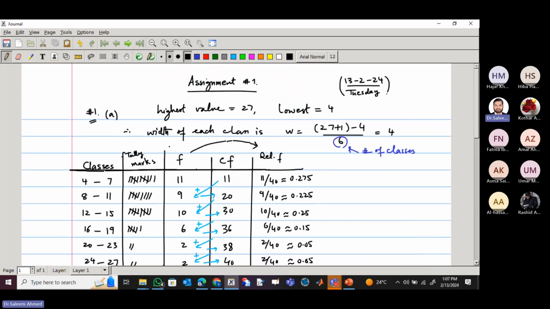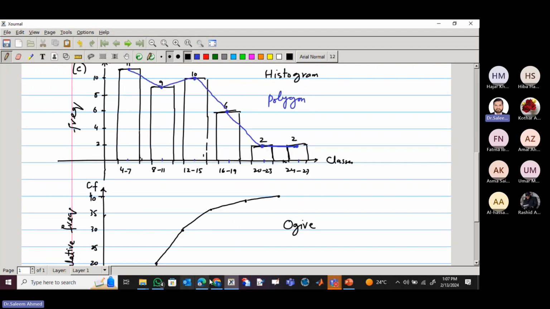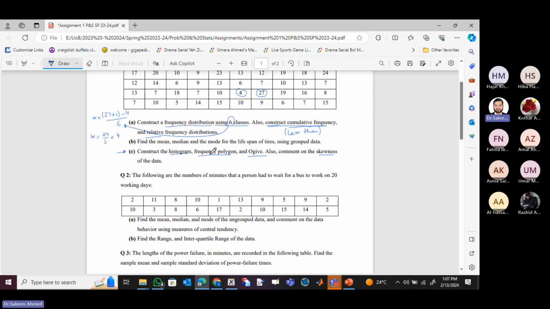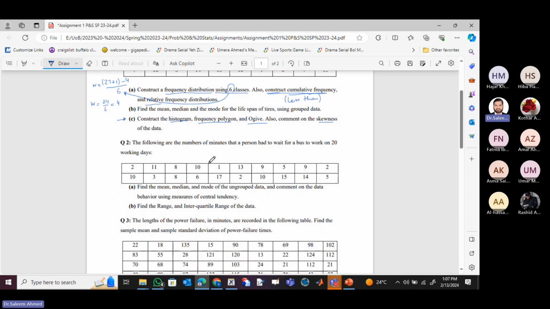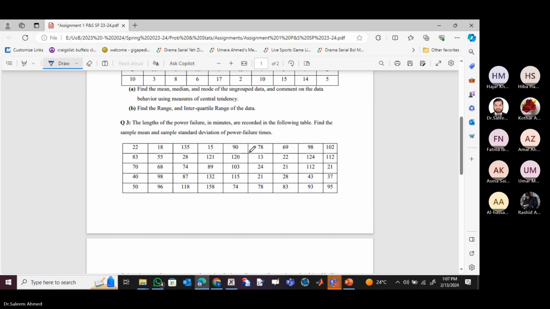Okay, so that is your assignment of lecture 1 and 2. B part is from lecture 2. Find mean, median, and mode. We know that for mean, median, mode we use formulas and we do that. Any other thing from the first two lectures? No, nothing.